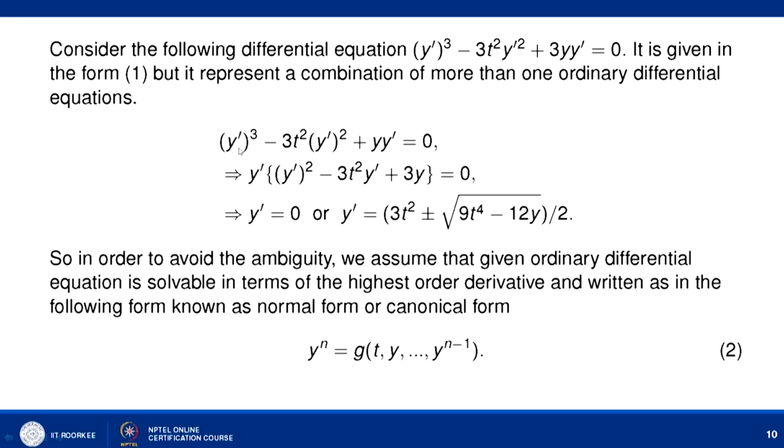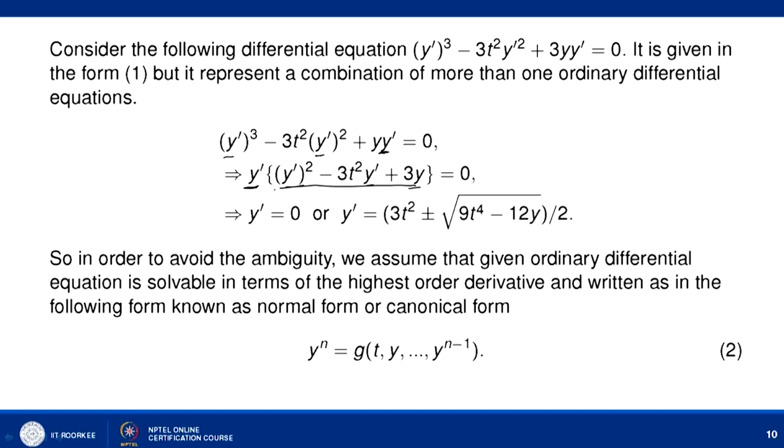So, here we can solve it: y dash cube minus 3t square y dash square plus 3y y dash equal to 0. If you look, in all the terms y dash is there. So, we can take y dash out, and then the first term is y dash square minus 3t square y dash plus 3y. Now, in the bracket, we have a quadratic equation in terms of y dash.